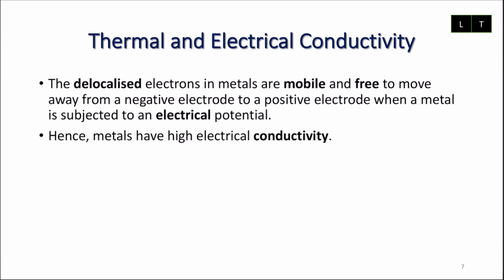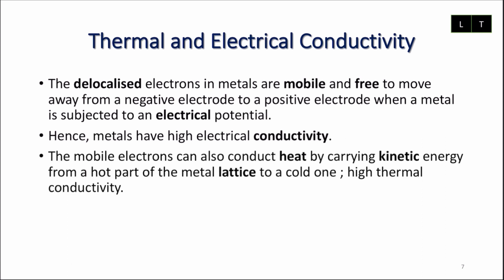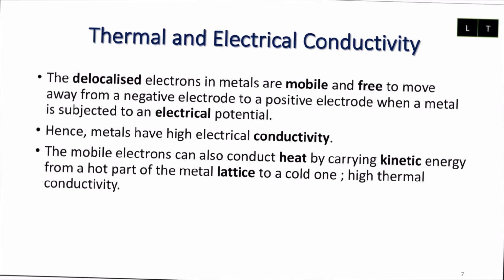Di sini kita boleh faham metal tu ada higher electrical conductivity. Therefore, mobile electron ni boleh conduct heat. Dengan cara dia akan carry kinetic energy from hot part of the metal lattice to a cool one. High thermal conductivity. Istilah yang lebih senang untuk kita faham. So sebab itulah electrical potential boleh transfer along the metal lattice.